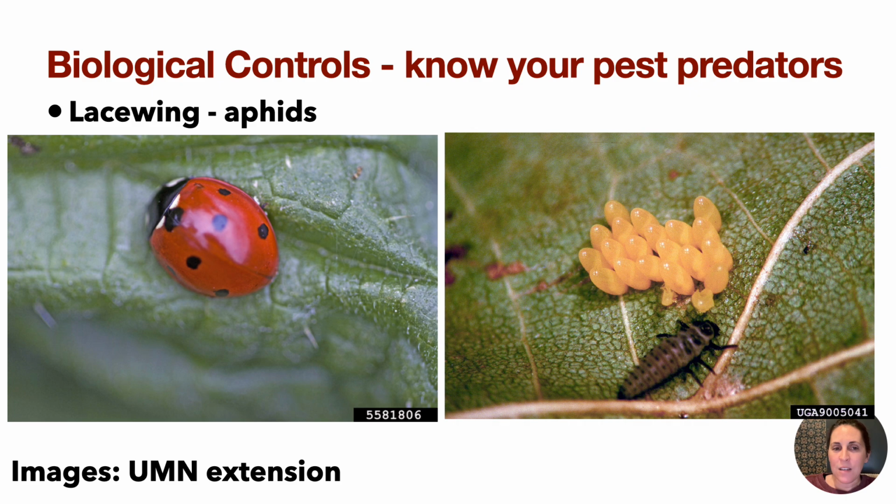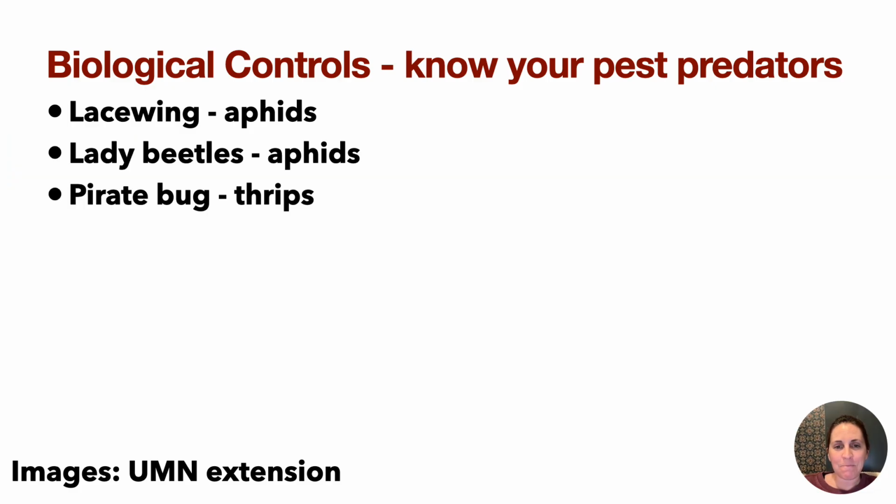And so they do a really good job at the job that they're meant to do. But they are not native lady beetles. And so the decision is up to you as to how you effectively manage ladybugs. But ladybugs are very good at doing the job that they are meant to do, which is to control aphids.